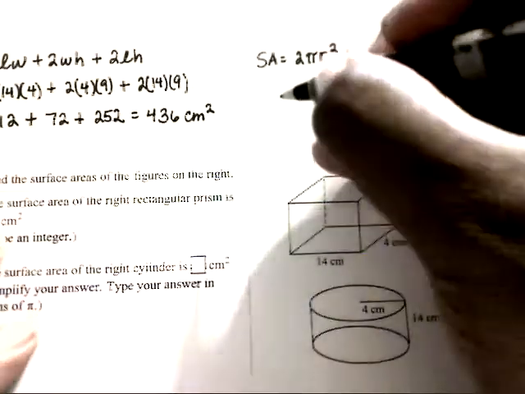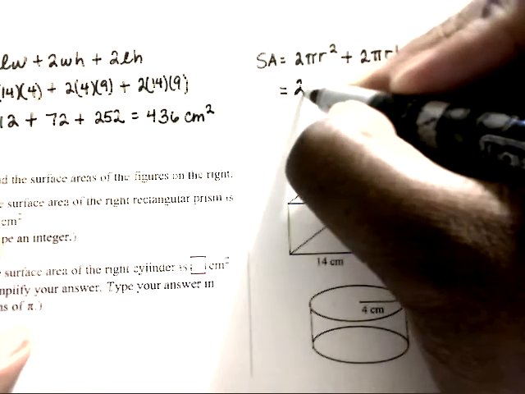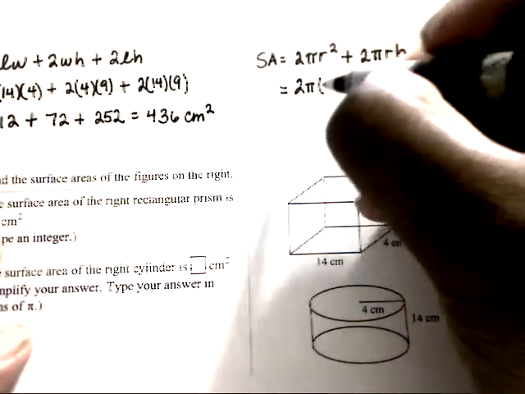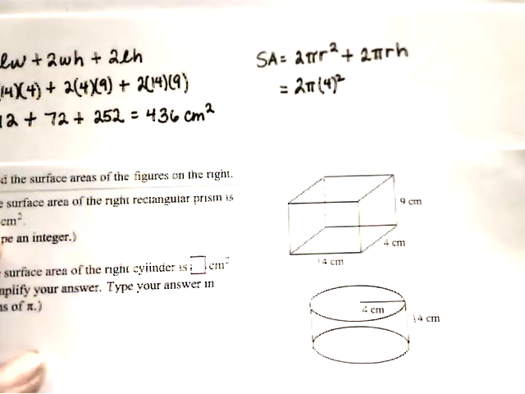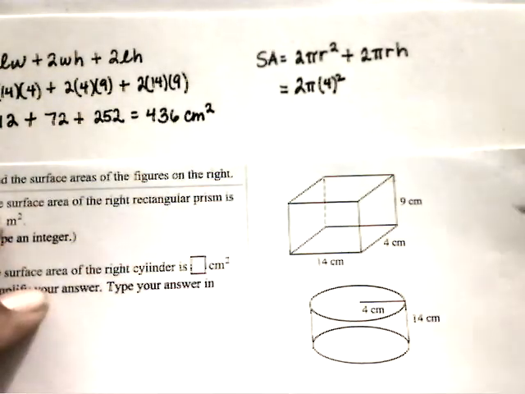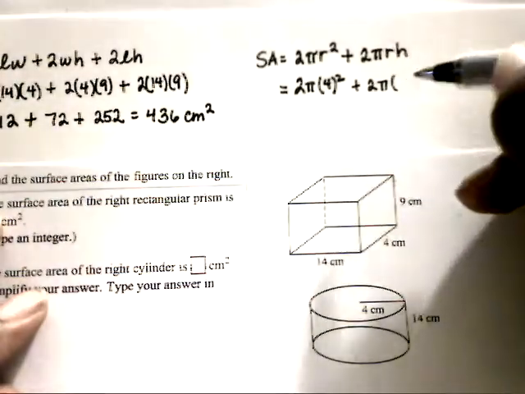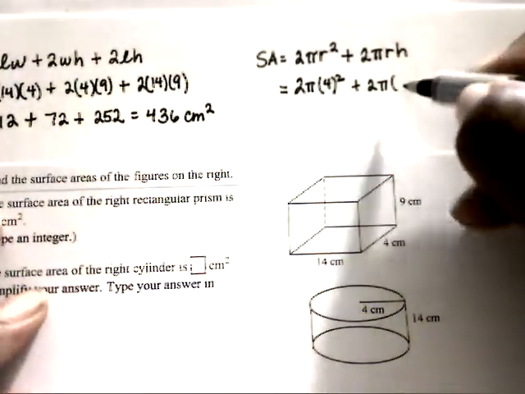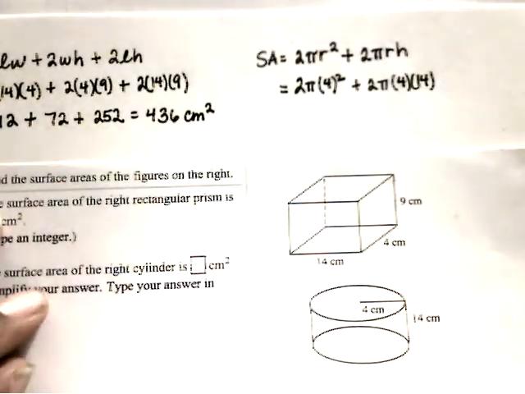So here's what we're going to have. And we're going to leave our answer in terms of pi. So it'll be 2 pi times the radius, which was 4, to the second, plus 2 pi times the radius, which is, again, 4, times the height, which is 14.